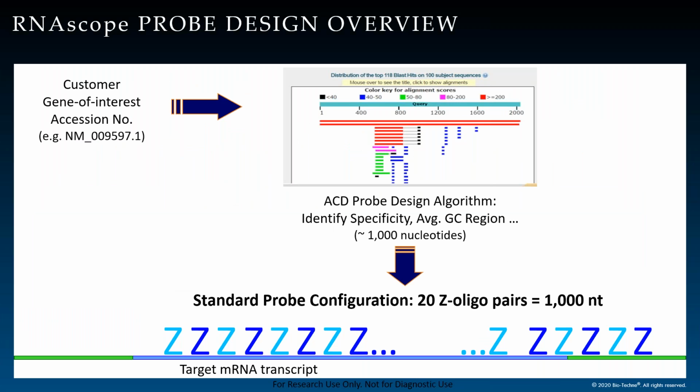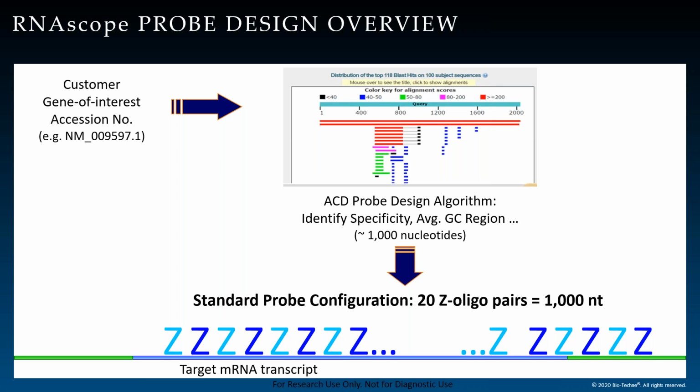To design a specific probe for your target of interest, ACD requires you to provide us with either the accession number information or the exact sequences of the target. You could even indicate your region of interest for targeting with start and/or stop positions.